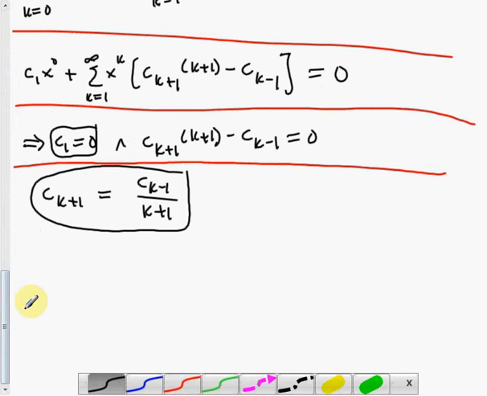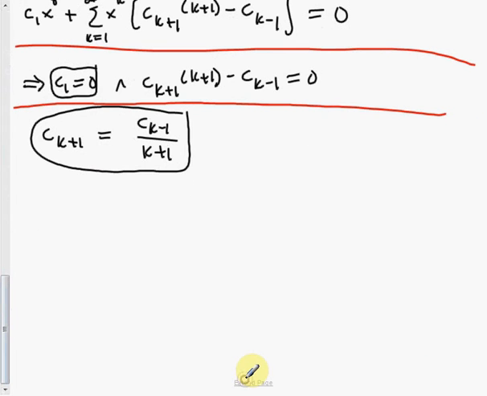So now looking at this formula, if we start at k equal to 0, we get c sub 1 is equal to c sub negative 1 all over 1. But we said here that c sub 1 was equal to 0.